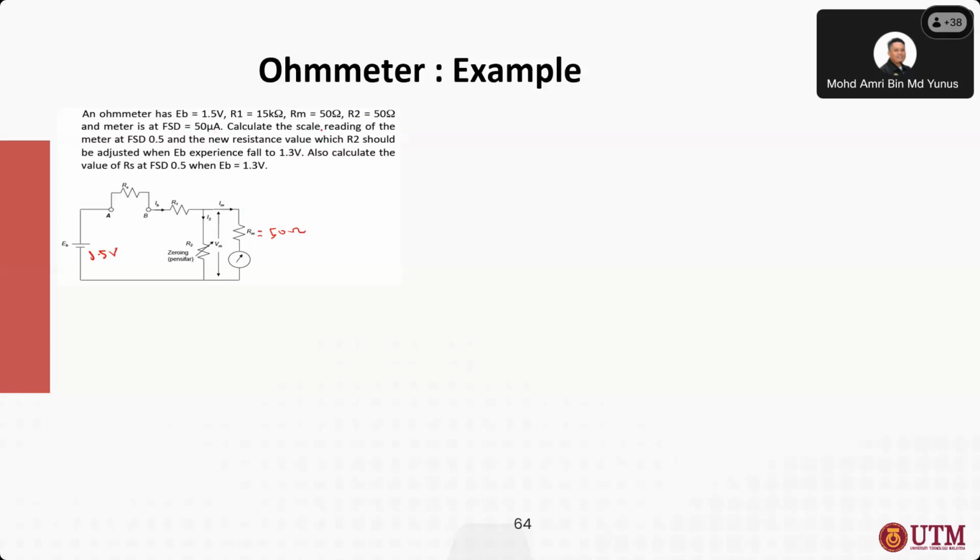So the question is, calculate the scale reading of the meter at 0.5. Okay, and then there's a new question: the new resistance of R2 should be when EB falls to 1.3 volts.